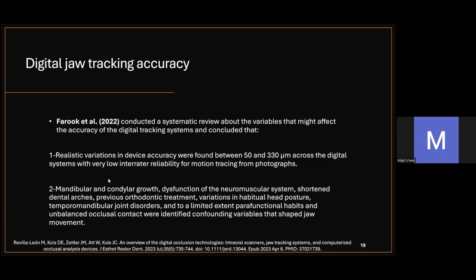Regarding the variables that might affect jaw movement: mandibular and condylar growth, dysfunction of the neuromuscular system, shortened dental arches, previous orthodontic treatment, variation in habitual head posture, temporomandibular joint disorders, and to a limited extent, parafunctional habits and unbalanced occlusal contact were identified as confounding variables that shape jaw movements.